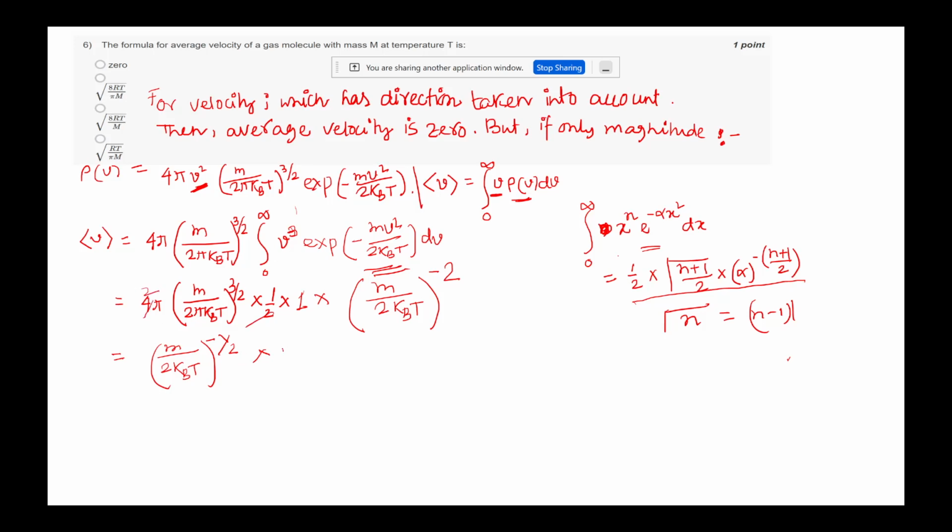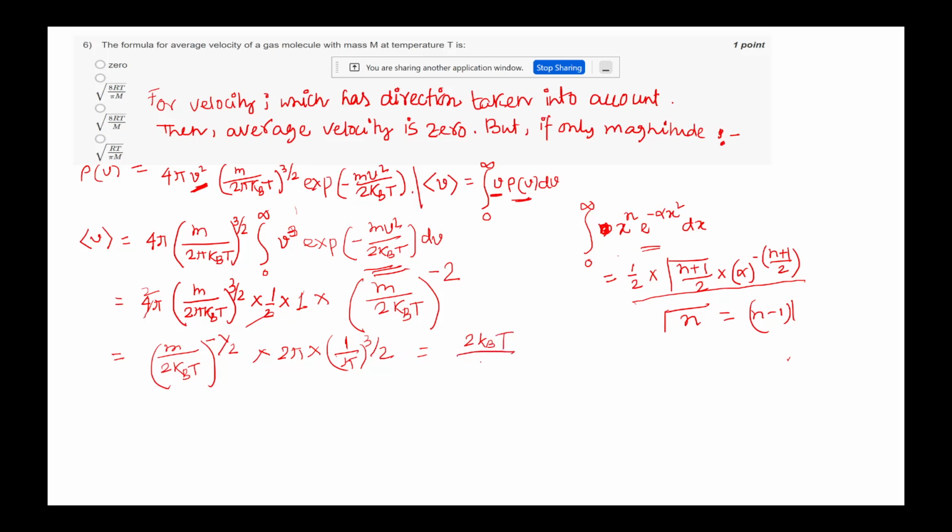So this will be 2 pi, and there will be 1 pi left, so 1 pi will cancel out, and from here this will be 2 kbT.